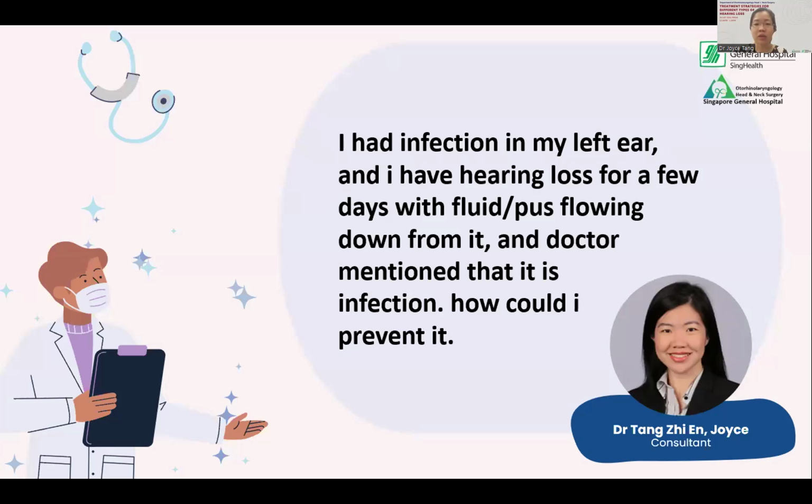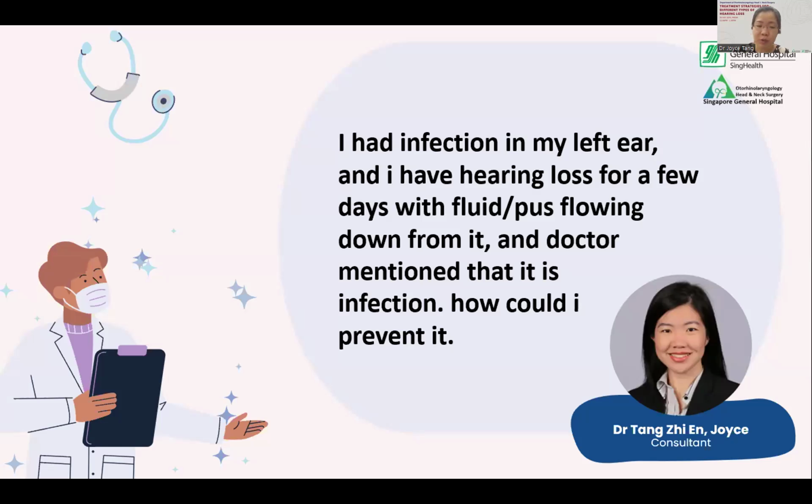The other way infections can happen in your ear is from the nose. If you have a flu, cough, cold, or URTI essentially, and the infection from your nose spreads to your ear, then you will get a blocked ear, pain in your ear, and then the pus may come out from the ear as well.